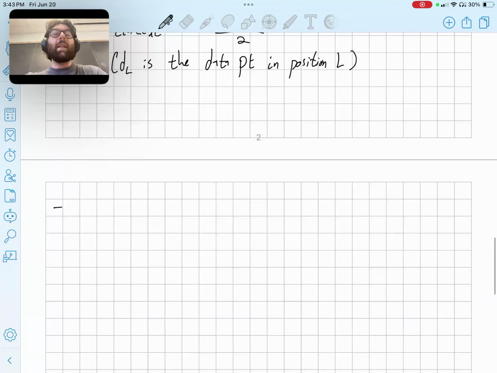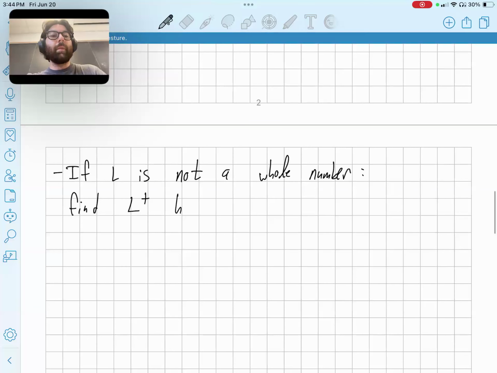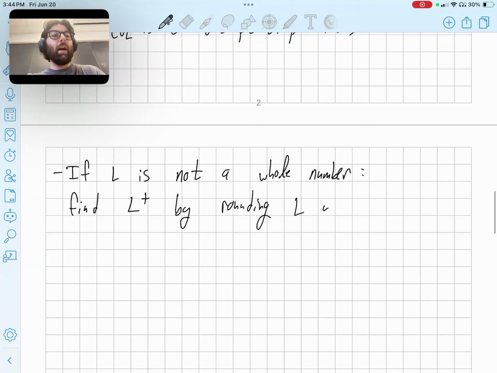What if L is not a whole number? Then find L plus by rounding L up to the nearest whole number.